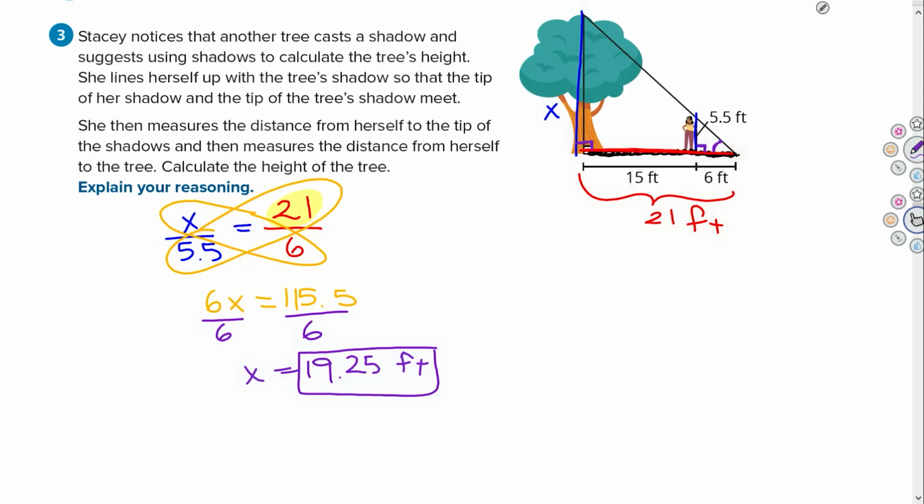So she doesn't have to line up with the tip of the shadow of the tree. She could be anywhere and measure her height and her shadow length, and then measure the tree's shadow length and find the height of it, because at the same moment, the shadow lengths will create the same angles, because the sun's angle is the same for everybody at the same time.